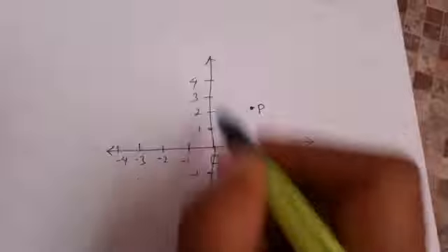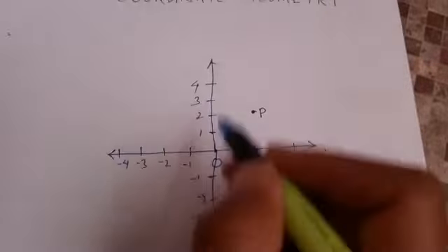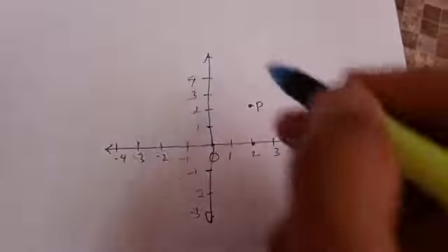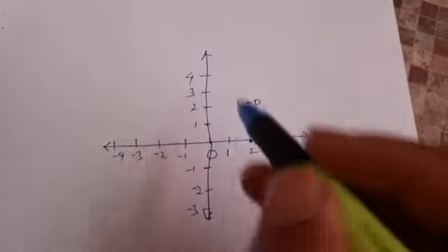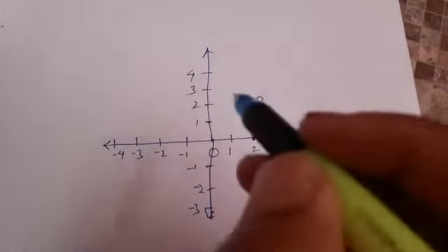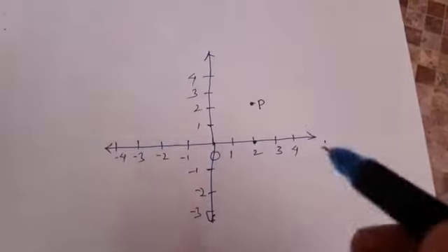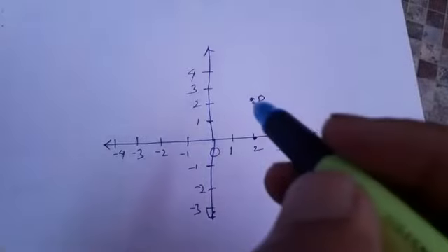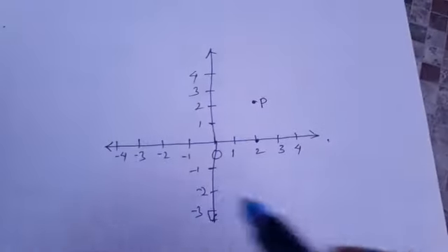These two lines intersect each other perpendicularly and lie wholly on the plane, and they divide the plane into 4 parts: this part, this part, this part, and this part.